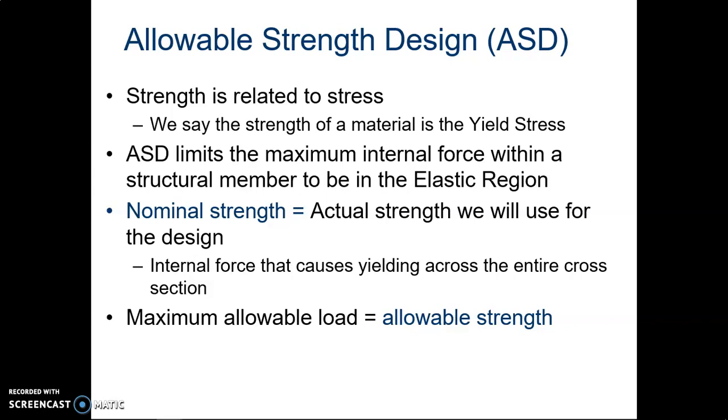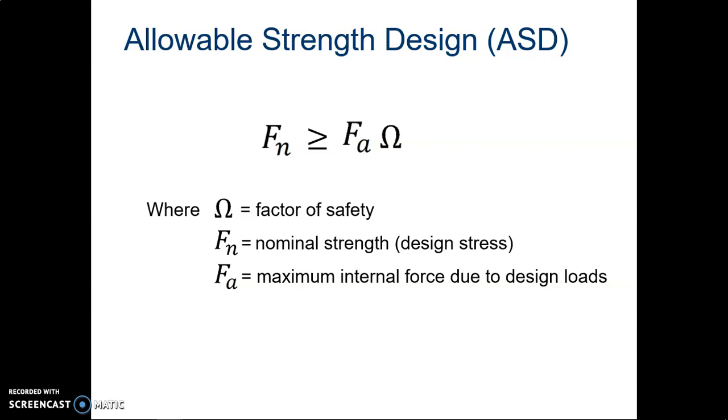We say that the nominal strength is the actual strength we will use. This is a lot of terms and definitions, so bear with me. Nominal strength is the actual strength we will use for the design. And then we have allowable strength, which is what it can actually handle. I like this slide more than the last slide. This is a way of putting that into equation form.